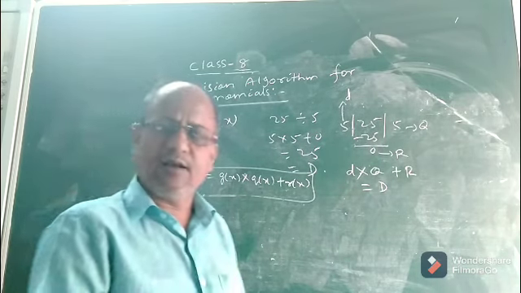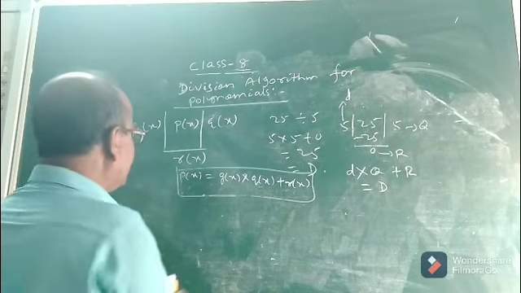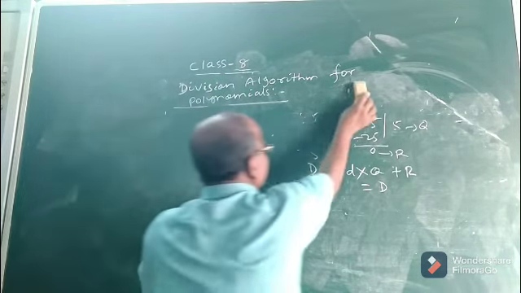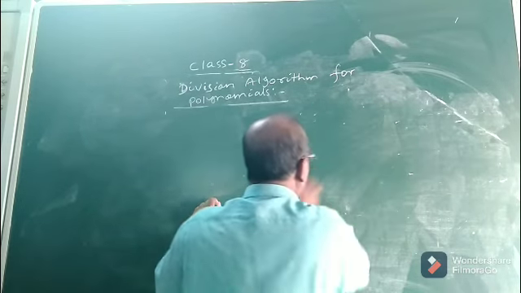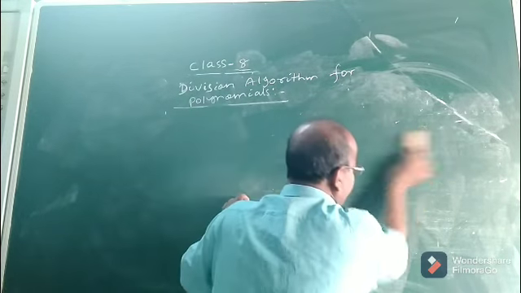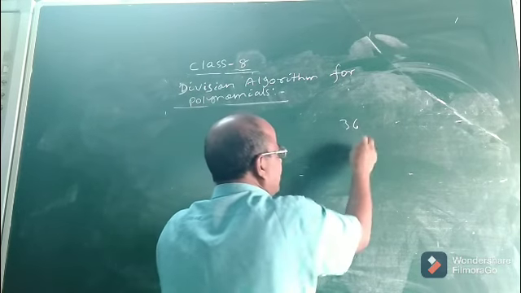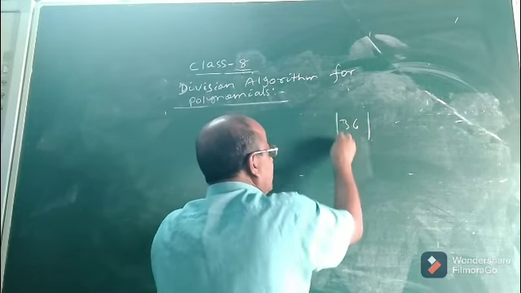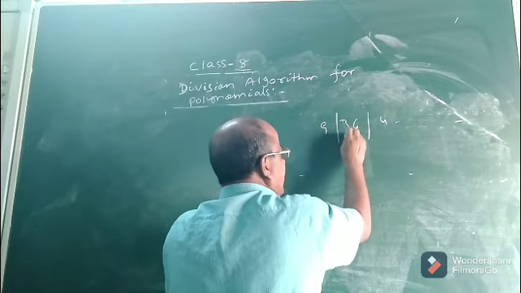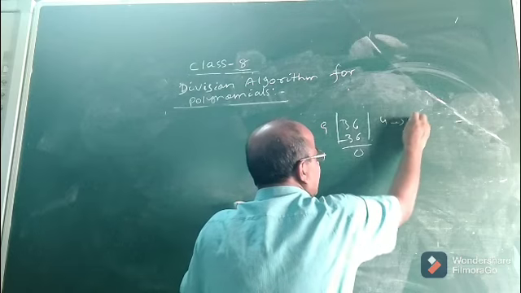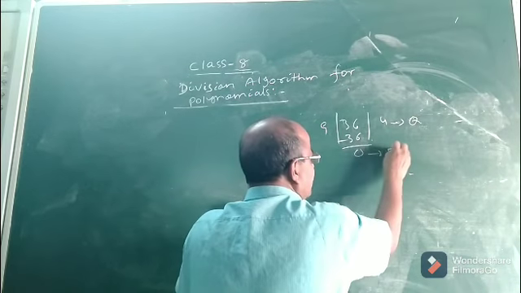Children, let me discuss another thing. Let us consider two numbers instead of polynomials. Suppose a number is 36, and I ask you to divide it by 9. You can easily divide and find the quotient, that is 4, and the remainder is 0.